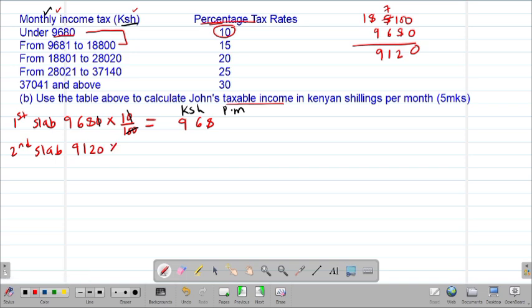So this is 9,120, multiplied by the tax rate in the second slab, which is 15%. So this will be times 15 over 100. You feed this on your calculator, 9,120 times 15 over 100, and your calculator will give you 1,368 shillings. Then of course, if we check 968 plus 1,368, it has not reached our total gross tax.